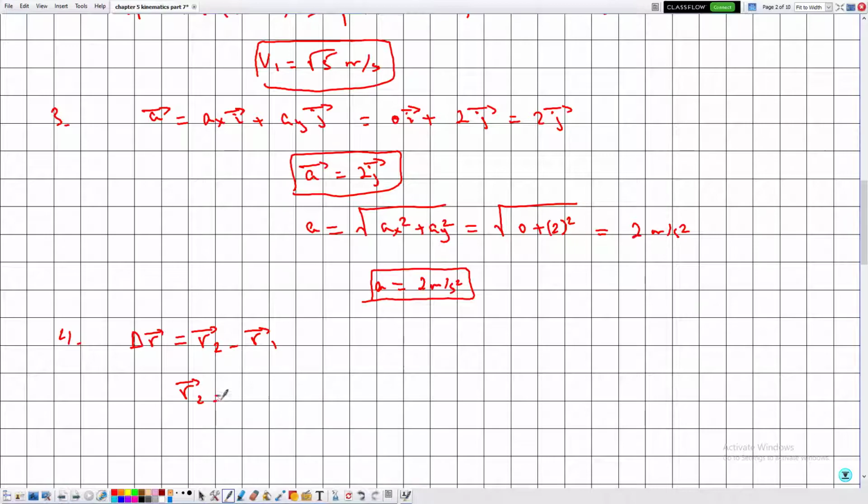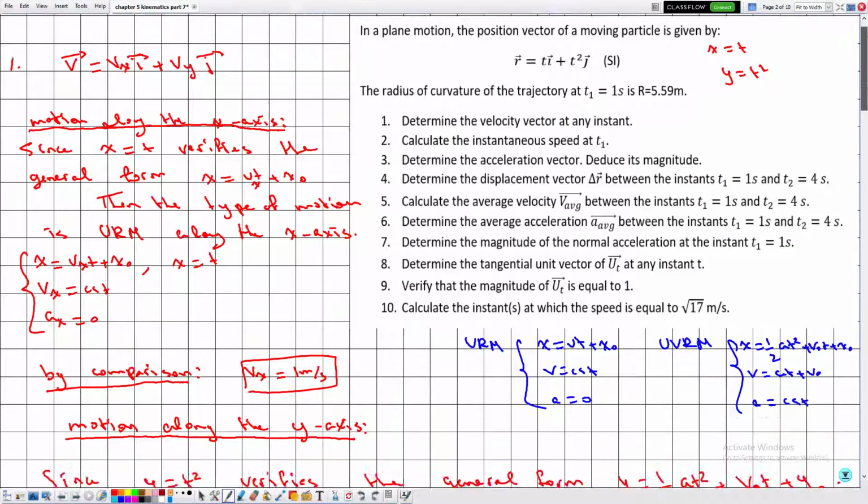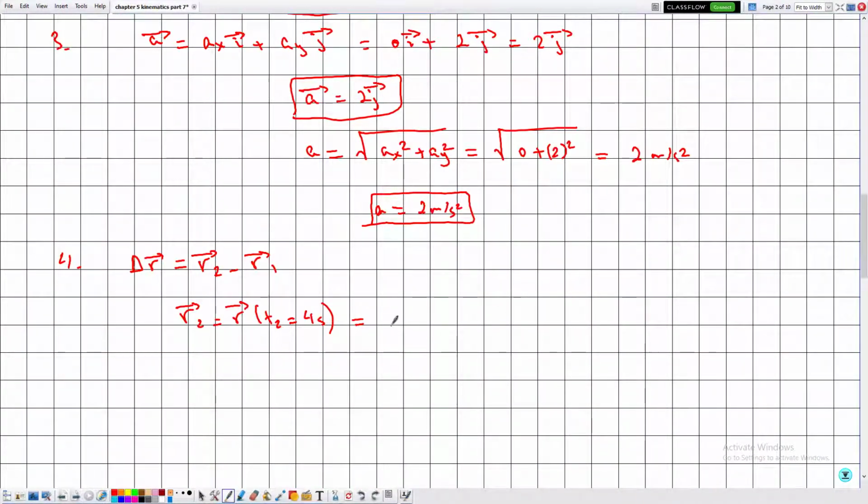r computed at the instant t2 is given by r replacing t by 4 seconds. Now the expression of r is given by ti plus t squared j. Replacing t by 4, we get 4i plus 16j. Now as for r1 computed at the instant t1 equal to 1 second, simply we replace t by 1 to get i plus j.